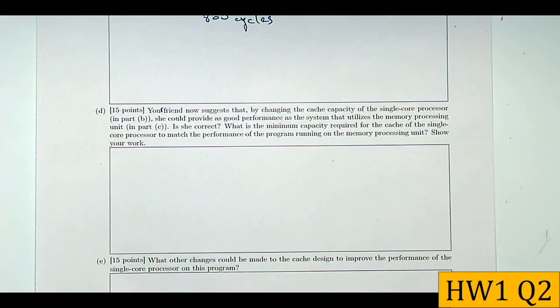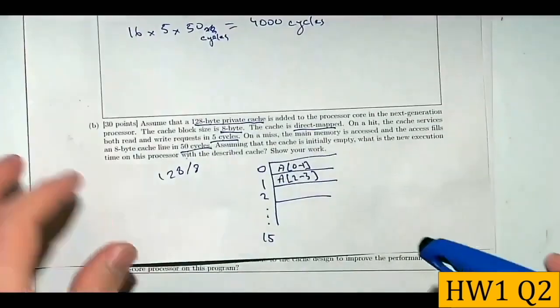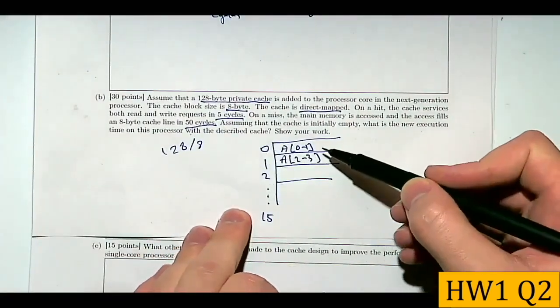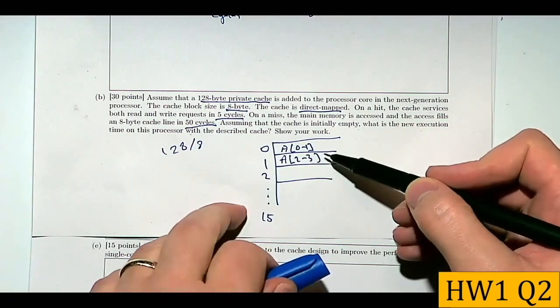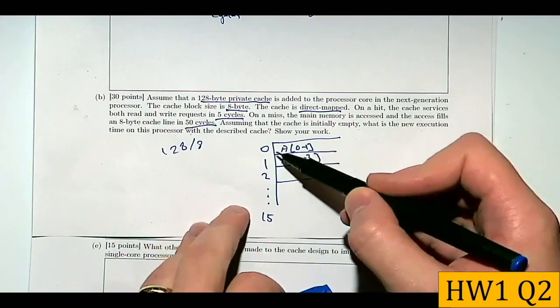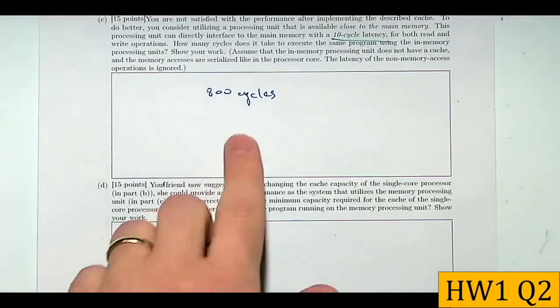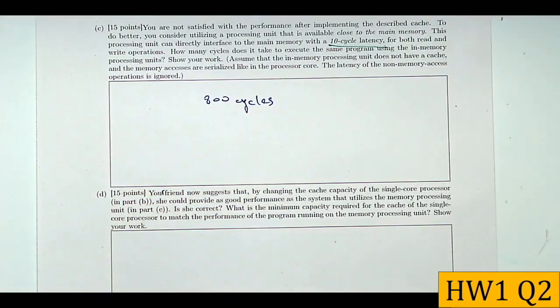So here, she's not correct because no matter how big the cache is, no matter how many entries we have here, we will have conflicts in cache line 0, and then it will increase the execution time a lot, so we can never complete the program in 800 cycles, even if the rest of the accesses are always hits. And we also have compulsory misses.